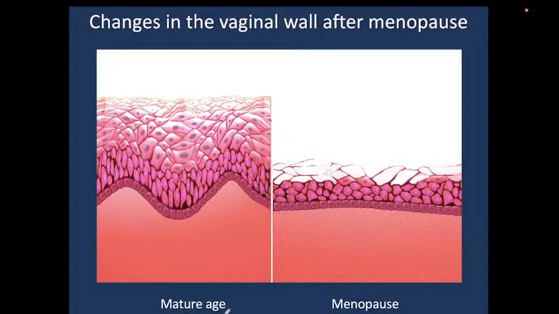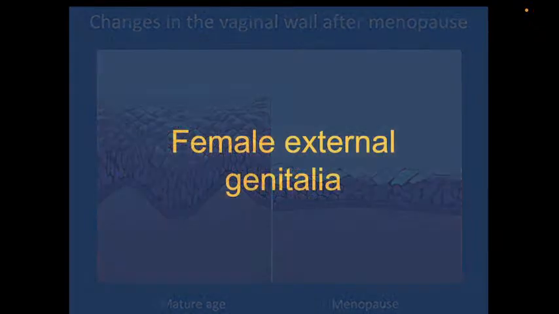For mature age women, the mucosa of the vagina is thick, but after menopause, a period when women cannot have babies because the process has stopped, usually after 50, sometimes after 55 years old, you see that the mucosa of the vagina becomes thin, very thin in comparison with the mature age.